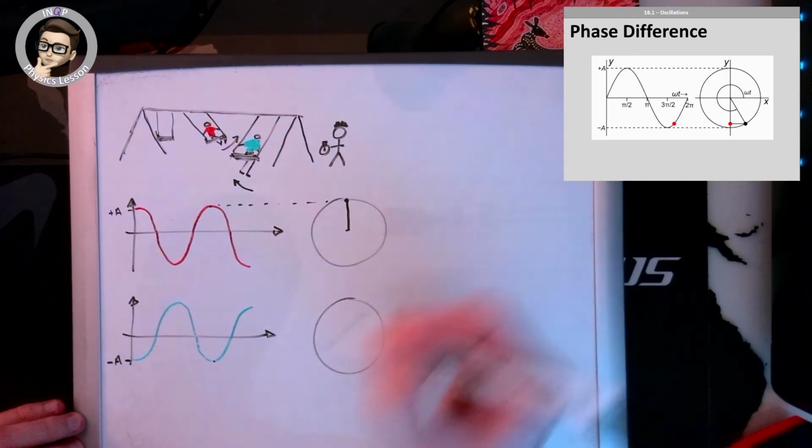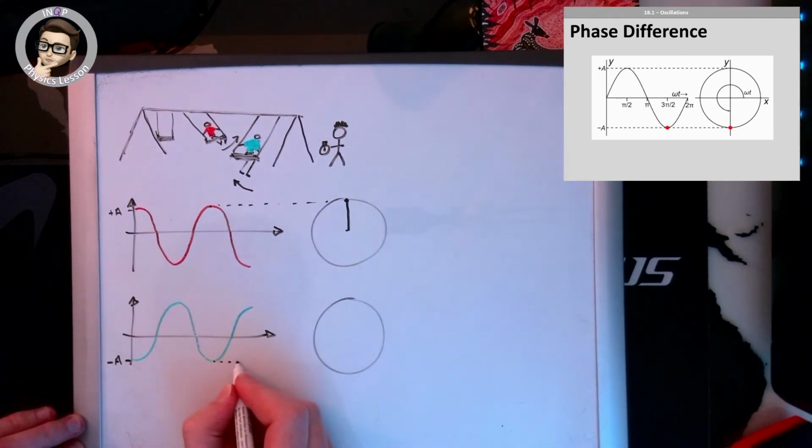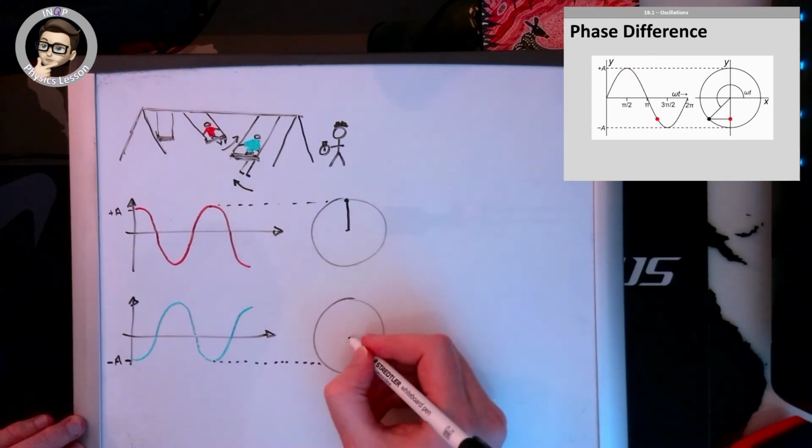So that would be my first phasor. And taking the same point along, my circle's a bit too big, but never mind.